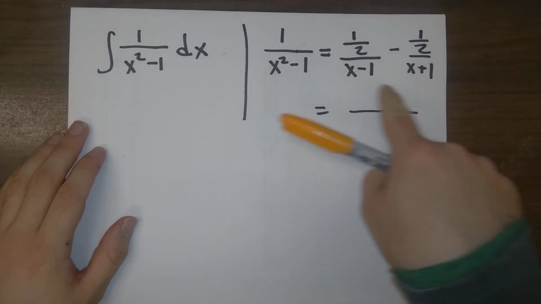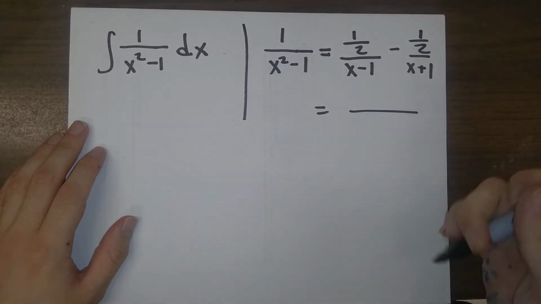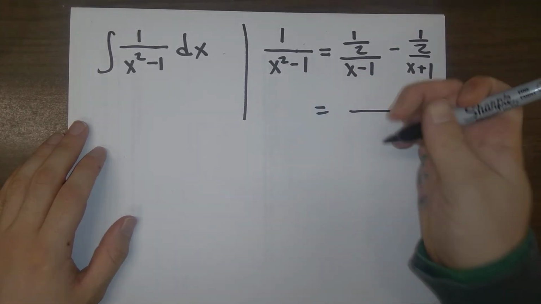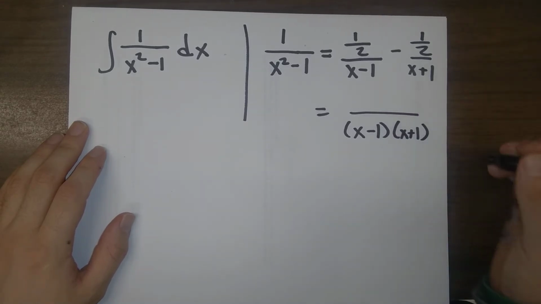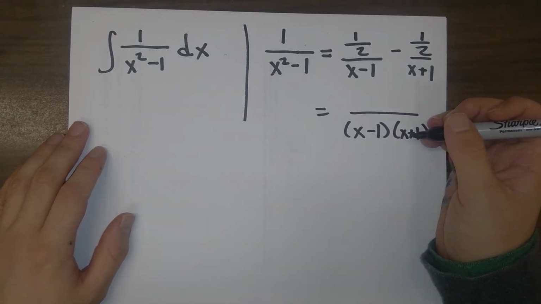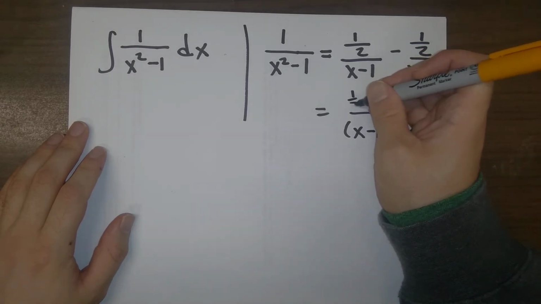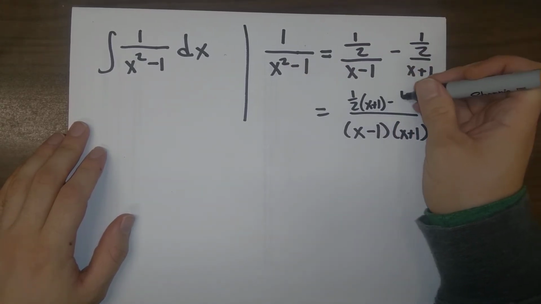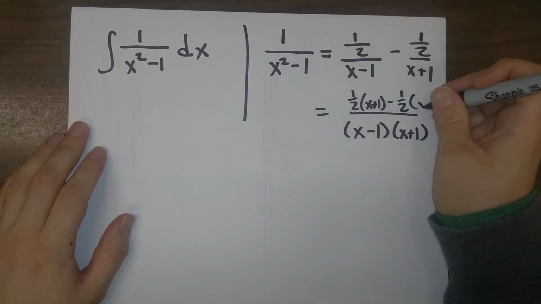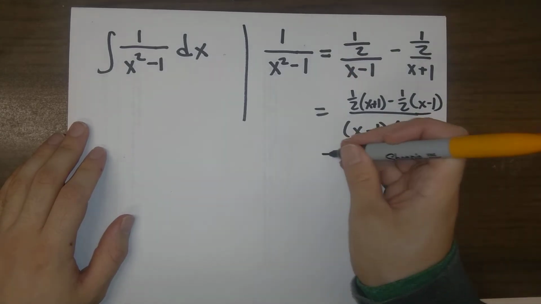If we put these two terms over a common denominator, that common denominator would be x minus 1 times x plus 1, and we'd end up with 1/2 times x plus 1 minus 1/2 times x minus 1.